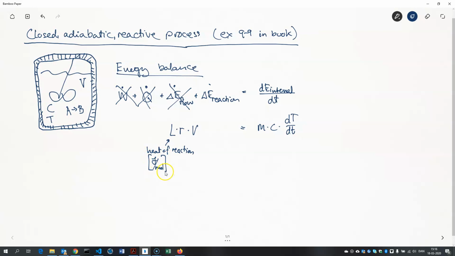So it gives us the amount of joules that is created for each mole that reacts. And R is, we know that one, that's the reaction rate, and it's measured in moles per liter times minute, for example. That could be 1 unit. And this is the volume of the system.